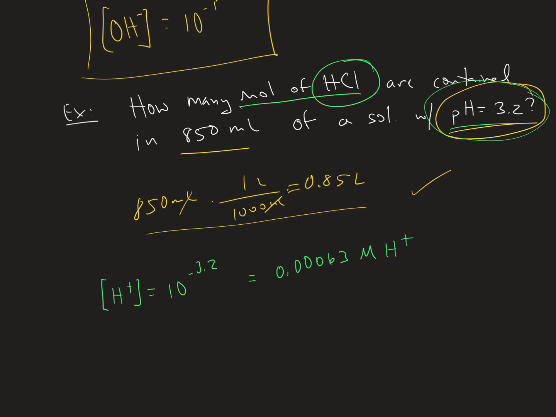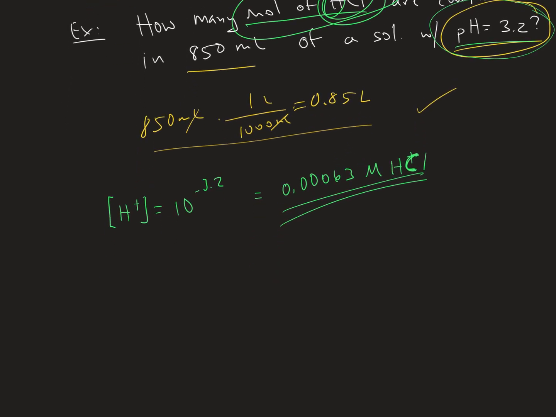Okay. All right. But hold on a sec. I'm looking for moles of HCl. Can I convert that to molarity of HCl? Yeah. What's the ratio? 1 to 1, right? 1 H to 1 HCl. So can I just call that HCl? Yeah. And if you don't see it, then I'll just do it. Who wants me to just do it? Okay. So I'm going to write 0.00063, and I'm going to change this to moles of H plus to 1 liter.